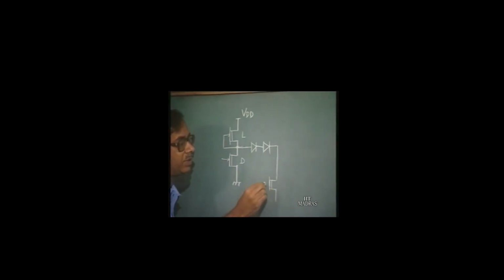So how do you solve the problem? The way to solve the problem is to use a level shifting arrangement. To do that, we use two diodes which are used as level shifters, and we have what is called a pull down transistor, which is again a depletion mode device with the gate to source shorted, and here we have a negative supply voltage minus VSS.